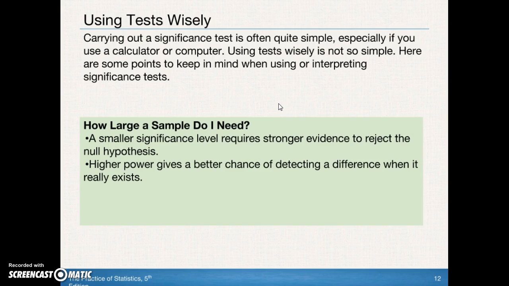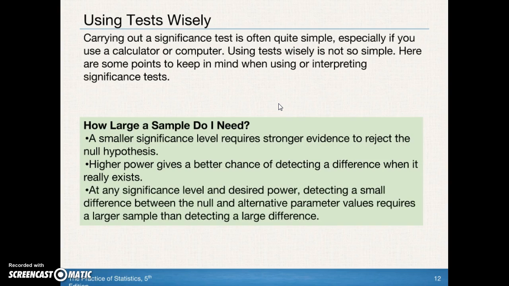So that just means you want a larger sample to make it more evidence. Again, high power gives a better chance of detecting a difference when it really exists. And at any significance level and desired power, detecting a small difference between the null and the alternative requires very large samples. So these are just things to be aware of as we continue going through.